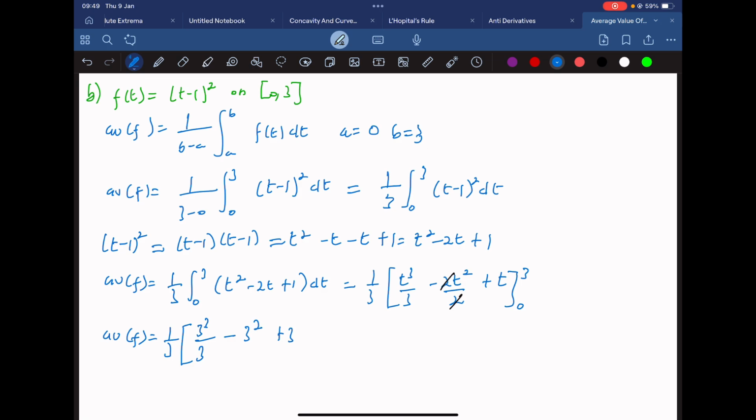Then if we substitute in 0, the whole of this goes to 0, so it doesn't matter, and we just have this one left. So this simplifies to 1 over 3, and 3 cubed is 27, so we have 27 over 3 minus 9 plus 3.